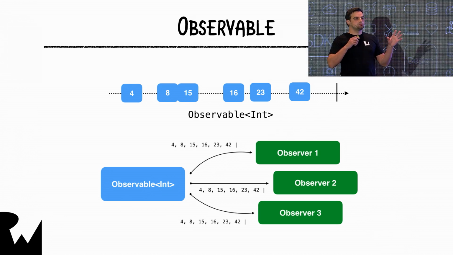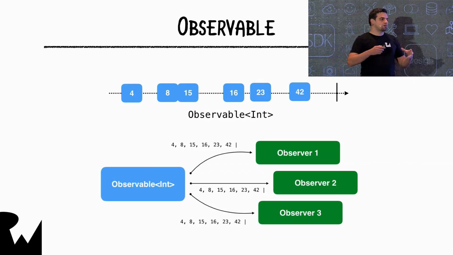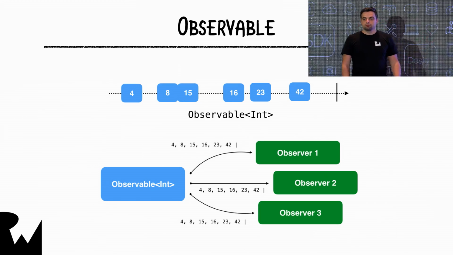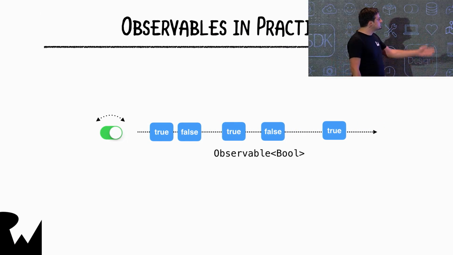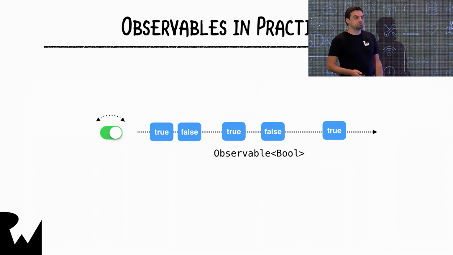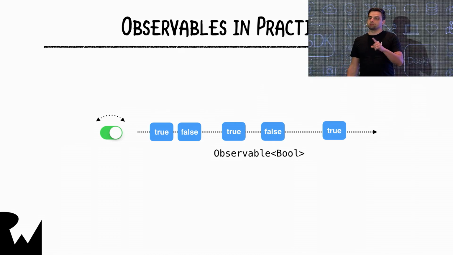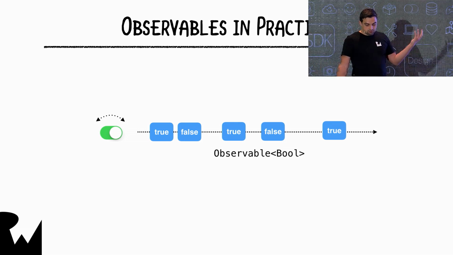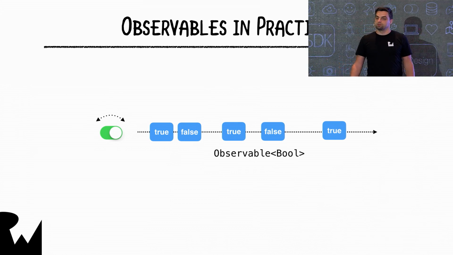Now, what can be these observable sequences? How is this in any way related to what we do in iOS apps? Well, for example, here's a UI switch. This UI control comes with UIKit and you've used it a million times, most probably. As the user toggles the switch, it has two states, right? On and off. Well, that is an event sequence.